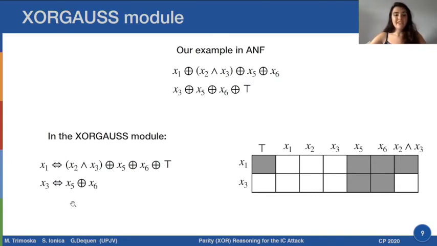Now, at an implementation level, our equivalence classes are represented as bit vectors. And so we have shown here an illustration of how this works for our example. In the bit vectors, there is 1 bit for each variable and 1 for the true-false constant.